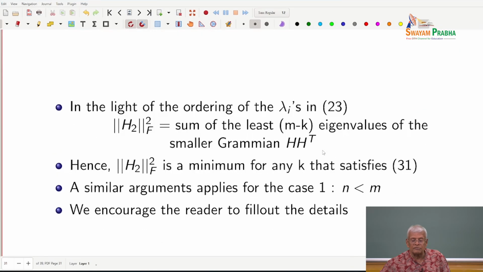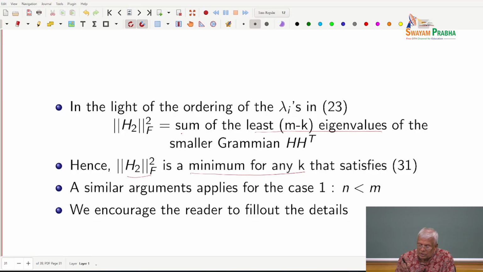So, for the optimality of the signal component of H1, in the light of the ordering of the lambda i's, the square of the Frobenius norm of H2 is the sum of the least eigenvalues of the smaller of the two Gramians, HH transpose. Therefore, the Frobenius norm of the quantity that is being thrown is the minimum for any k that satisfies equation 31.